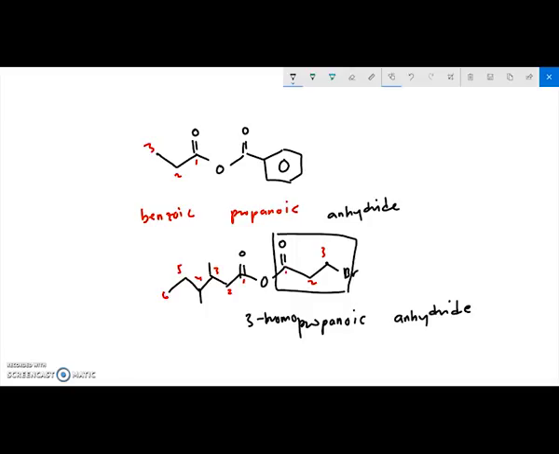For the other side, we have 6 carbon, so this will become hexanoic. And then we have the substituent at carbon number 3 and 4 of the methyl group. Therefore, this will become 3,4-dimethyl. Therefore, guys, there you have it. The name will be 3,4-dimethyl hexanoic, 3-bromopropanoic anhydride. It has 3 separate words to describe the IUPAC name of the respective compound.